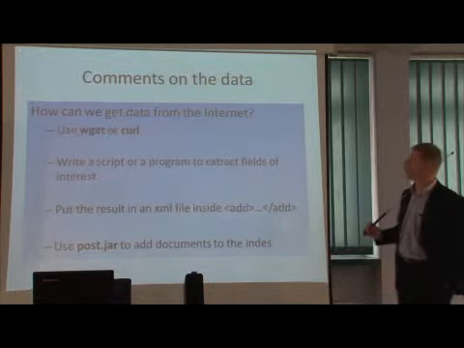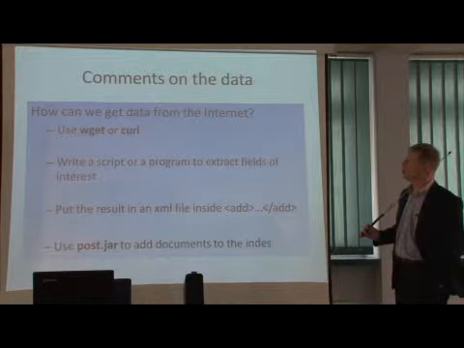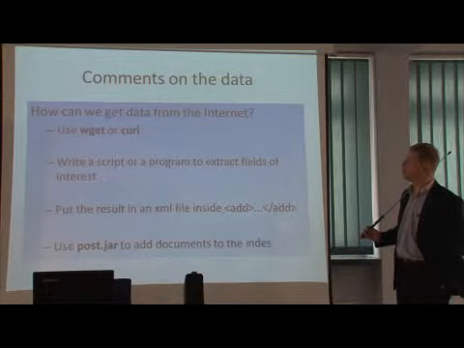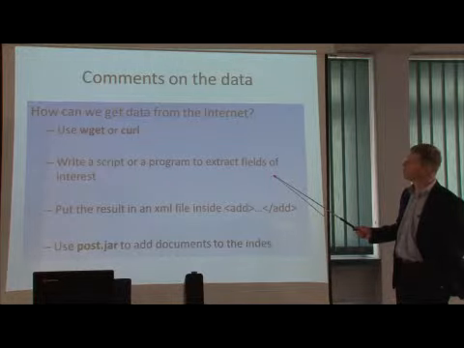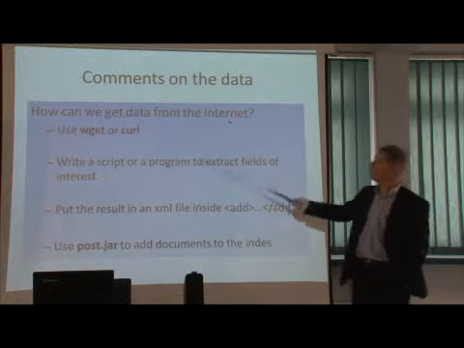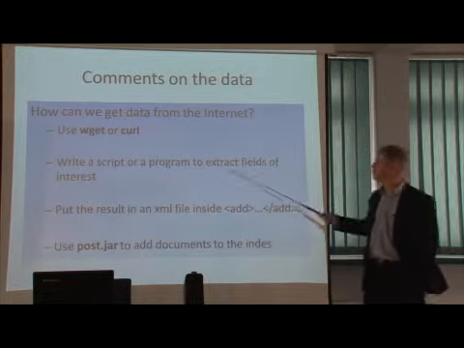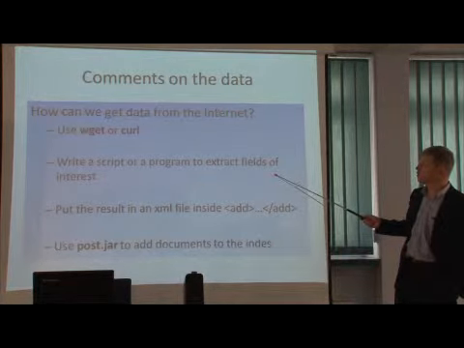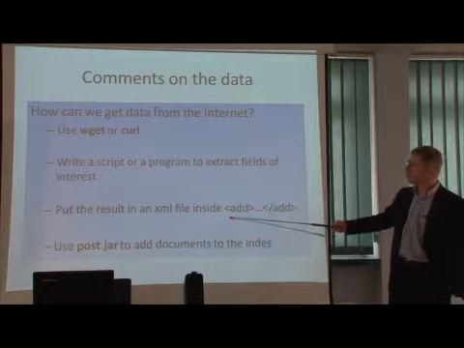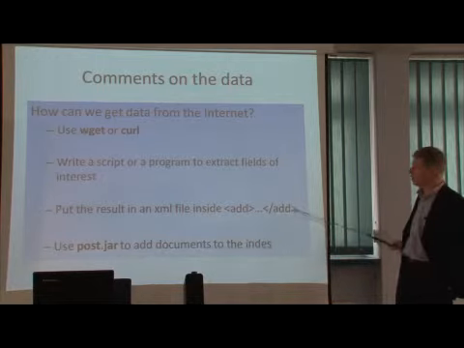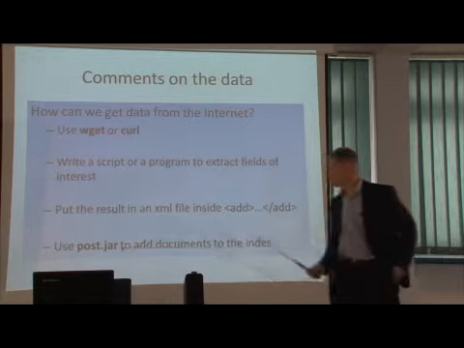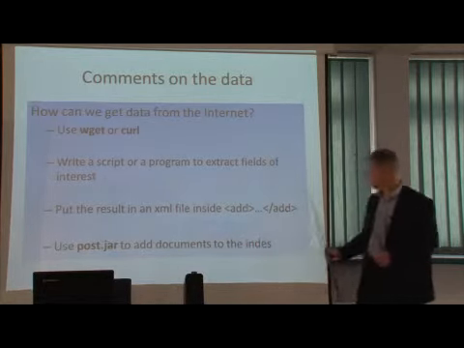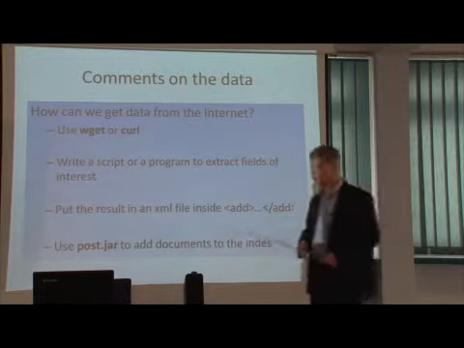You can decide to be very kind and not suck in the whole website within a couple of seconds, but rather do it gently. Once you have the data, you write a script or a program to extract the fields that you are interested in. Then you put the results in the XML file inside the add, end of add brackets, and then you use the post jar command to add a document to the index.